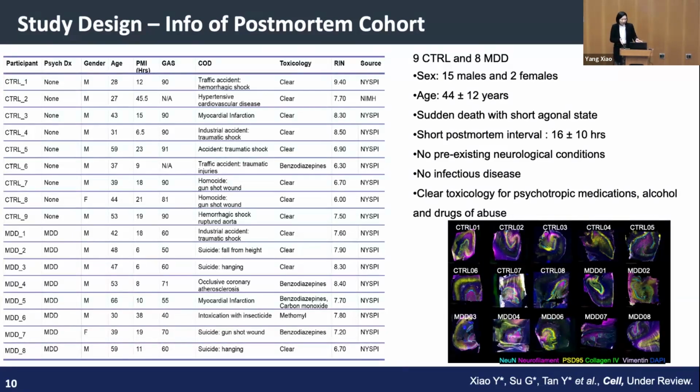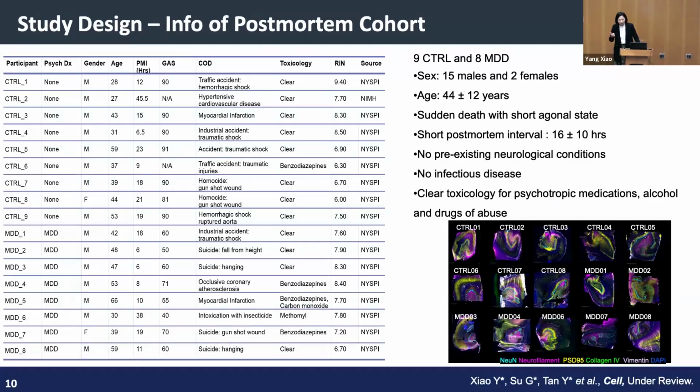So this is our data set. It's a very clean reference data set for both neurotypical and psychiatric disease. These are all treatment naive. Although they were diagnosed with major depressive disorder, they did not take any medical treatment.